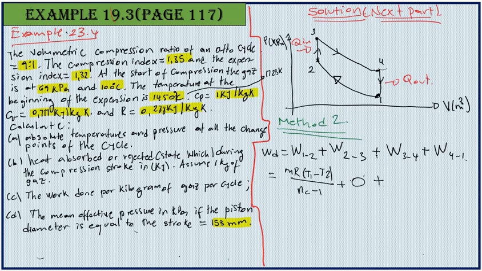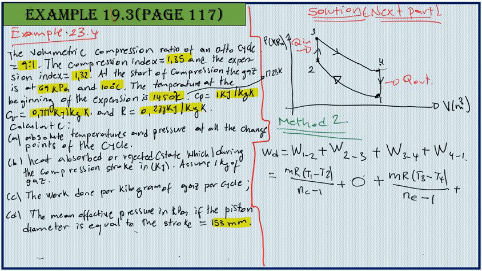And then we have the process from 3 to 4. So the work done for this process is given by, if we use the relation like this one, because all of them are polytropic, we're going to have MR. We start with the first point, which is T3, and the last point is T4, divided by, here we need to use the n for expansion, minus 1.